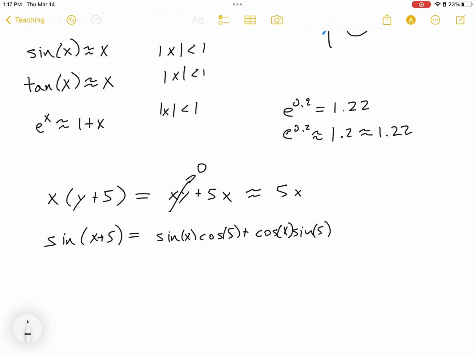But the sine of x is approximately equal to x, and the cosine of x is approximately equal to 1. So the sine of (x plus 5) is going to be approximately equal to cosine of 5, which is a constant, times x, so that's a linear term, plus the sine of 5, which is also a constant.